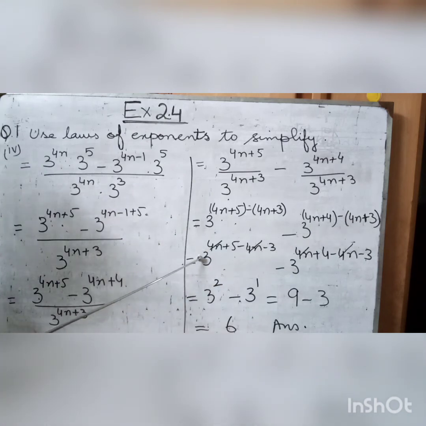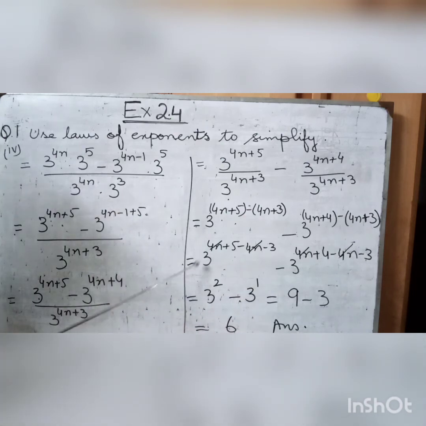After simplification, we have 3 raised to power 4n plus 5 minus 4n minus 3 minus 3 raised to power 4n plus 4 minus 4n minus 3.